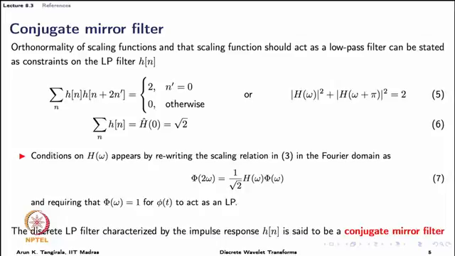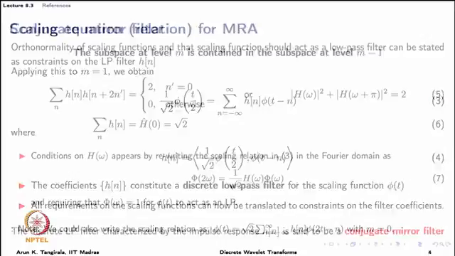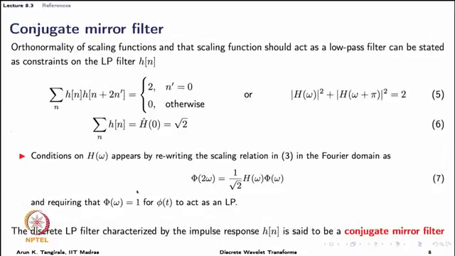Because you are taking the Fourier transform of phi of t by 2, the Fourier transform becomes phi of 2 omega, whereas the Fourier transform of phi of t would be phi of omega, and t minus n would be phi of omega multiplied by a modulating factor or an exponential, and then requiring that phi of omega equals 1 at omega equals 0. In fact, it should read phi of 0 equals 1, not phi of omega equals 1.